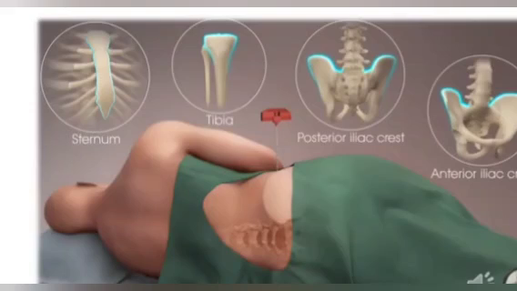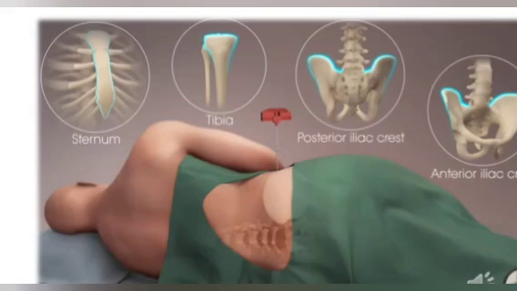So moving toward the bone marrow aspiration, now we have the site of bone marrow aspirate, and up to here we conclude that the bone marrow can be obtained by two different methods. The first method is known as bone marrow aspirate, and the other method is called bone marrow biopsy.